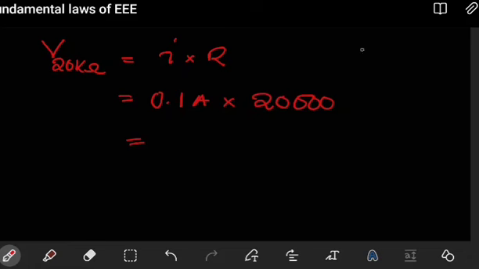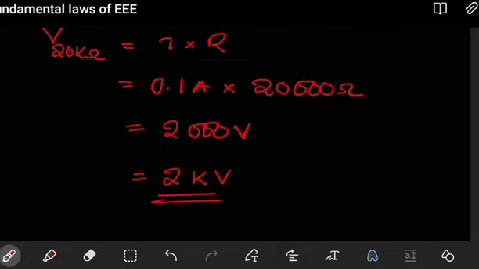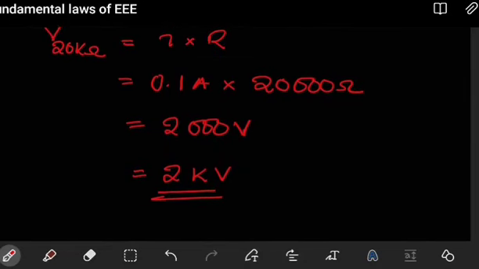When you multiply this, you get 2,000 volts, or you can say 2 kilovolts. So this is how much voltage will be dropped across that resistor.